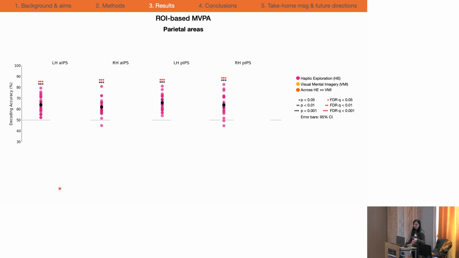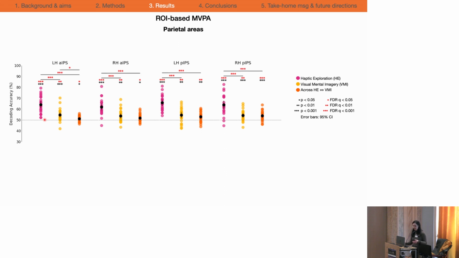We can now look at the decoding results in anterior and posterior IPS, where we interestingly find not only significant decoding of size during haptic exploration, but also during visual mental imagery, and also across the two tasks, suggesting that these areas are probably storing an abstract representation of size that can be accessed from both modalities.